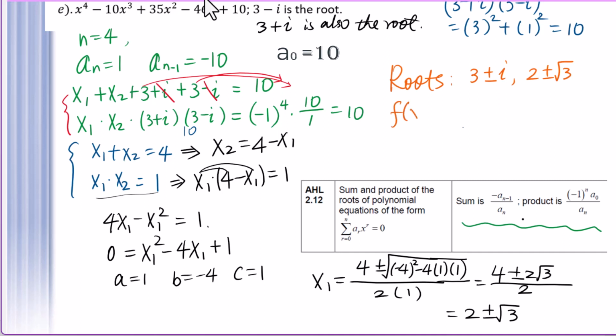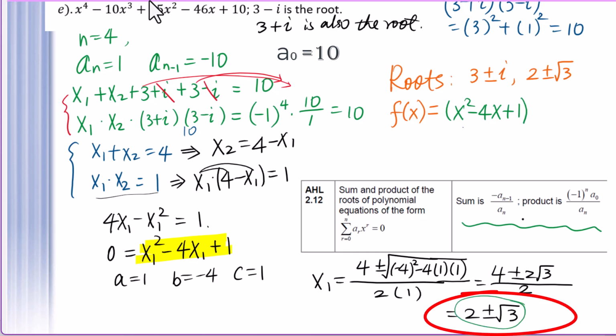For the factors of f of x, this is one factor, x squared minus 4x plus 1. This factor gives us these two roots. We need to figure out the factor with the roots 3 plus or minus i.